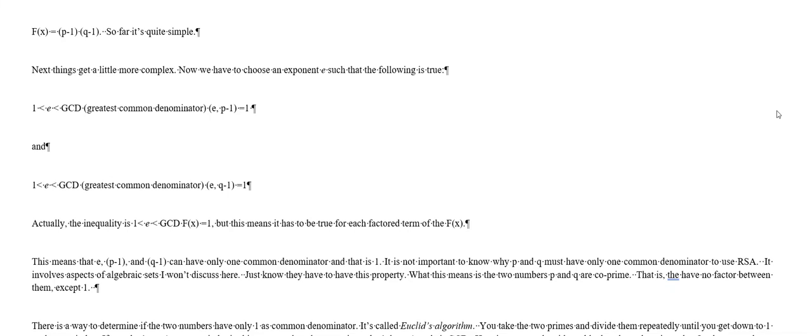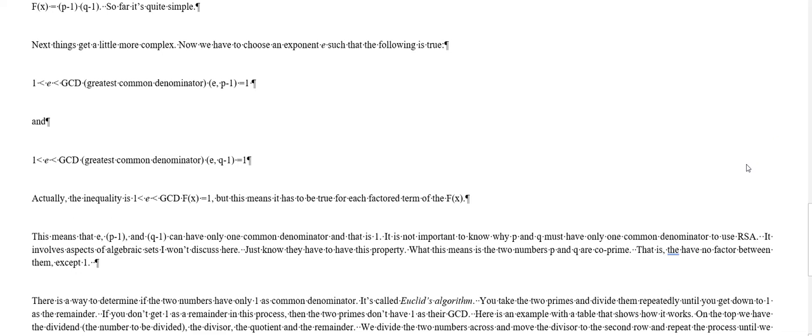It's not important to know why p and q must have only one common divisor to use RSA. It involves certain aspects of algebraic sets, which I won't discuss here, perhaps in another video. Just know that they have to have this property. What this means is that the two numbers p and q are coprime. That is, they have no factor between them except 1.